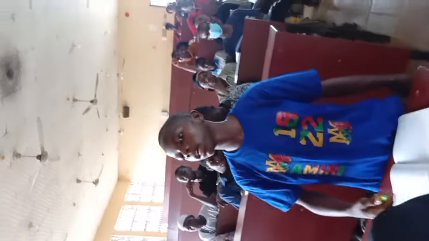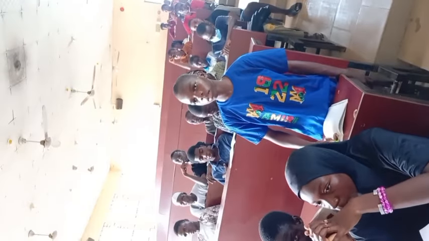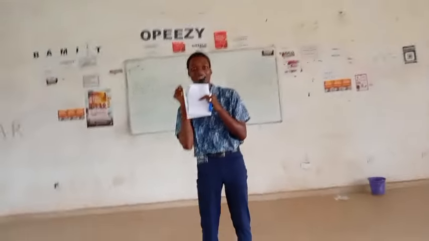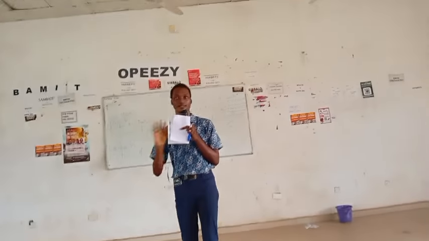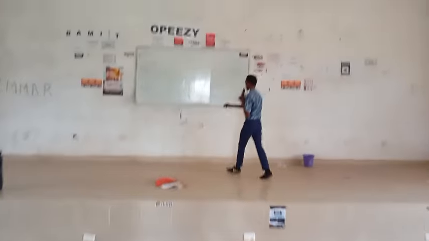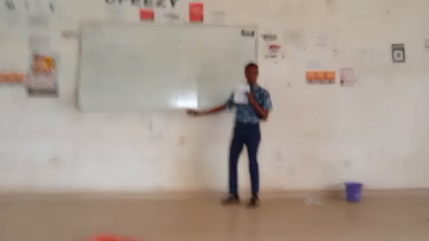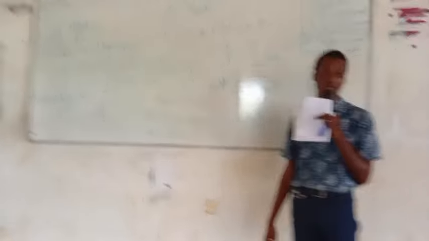What if all the elements in B are not in A? We still call B a subset of A? If all the elements in B are not in A, then it's not a subset. Okay? Correct. He said, what if all the elements we have in A are also in B?